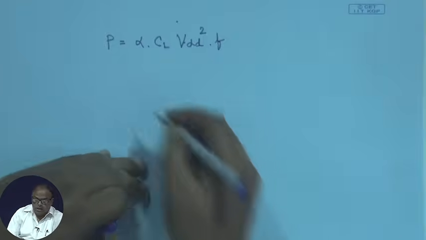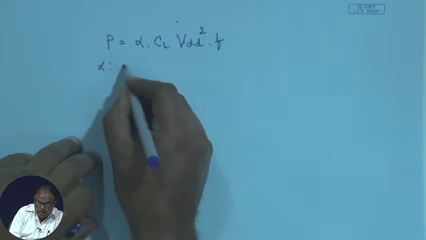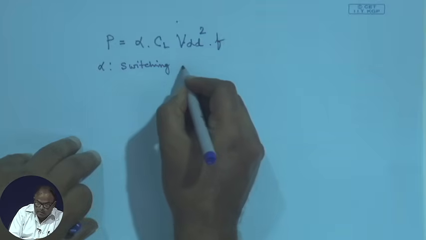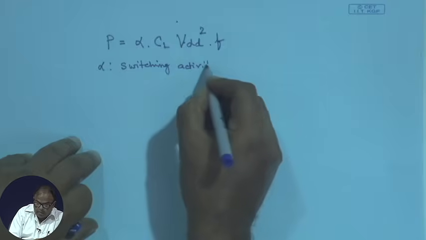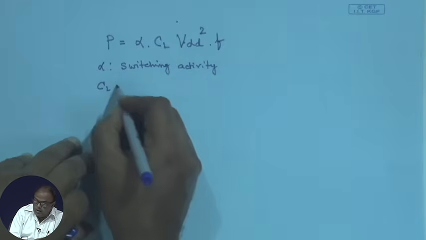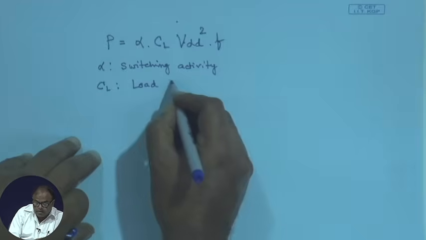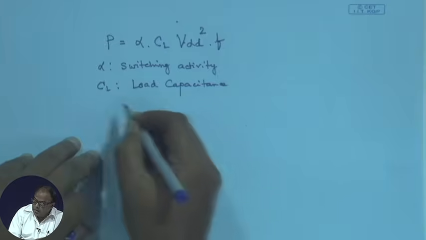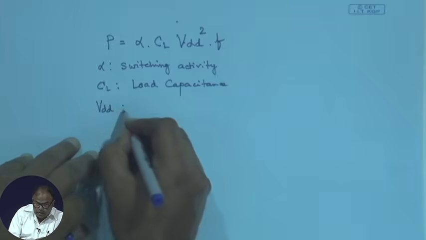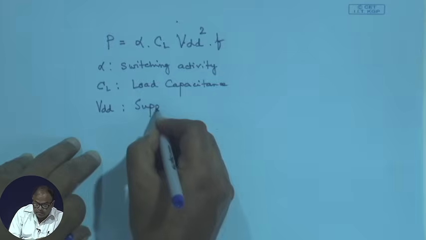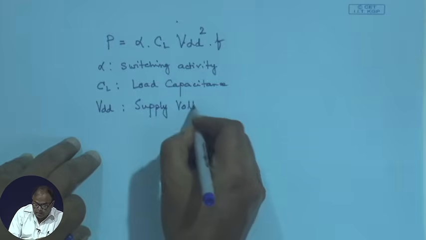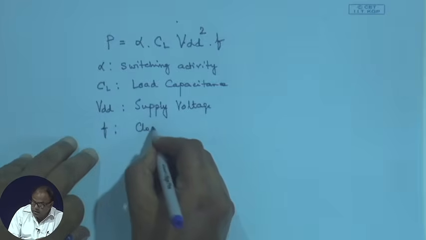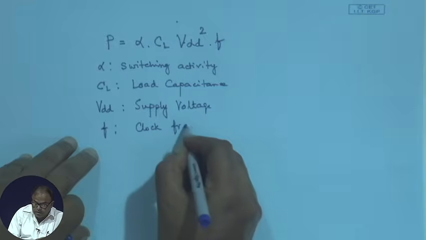So, what are the things? Alpha is the switching activity, CL is the load capacitance, VDD is the supply voltage, and F is the clock frequency.